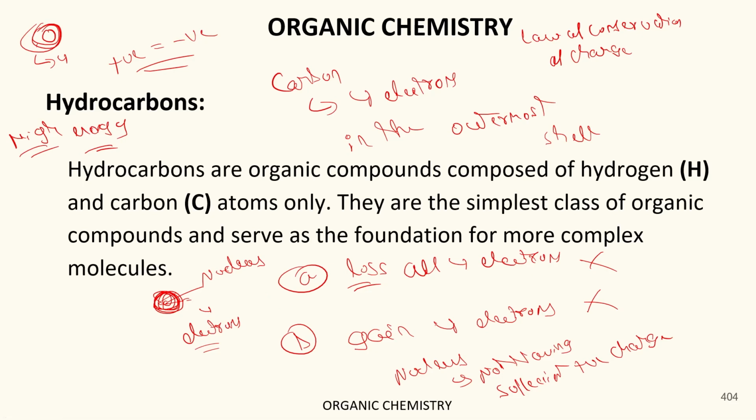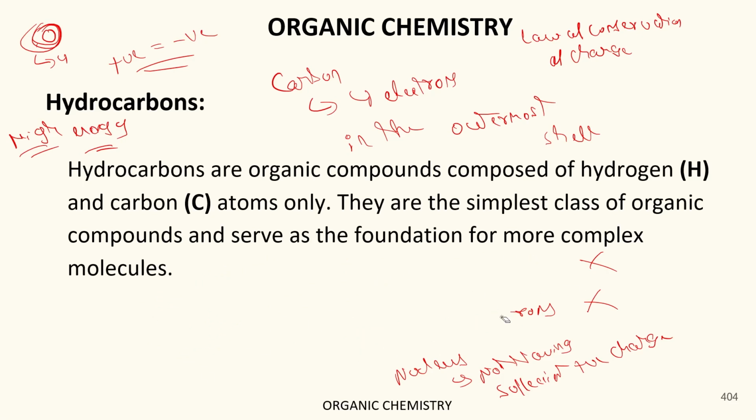Here we have discussed the outermost shell electrons of carbon and what carbon can do with them. First is to lose all 4 electrons. Second, to gain 4 electrons. I have told you what will happen if carbon does any of these things. Got it? So how does carbon handle this situation?